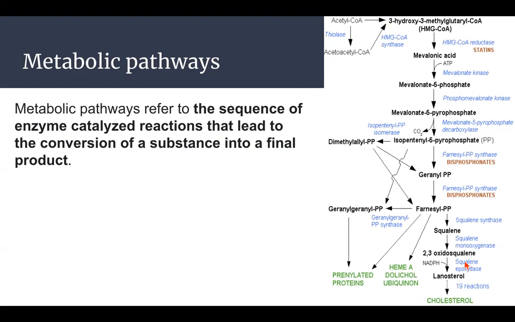So if we look at this metabolic pathway on the right-hand side, you could see that it starts with a molecule which is called 3-hydroxy-3-methylglutaryl-CoA. It's a very long chemical name. And through a series of chemical reactions, you have cholesterol being produced and another two final products as well.